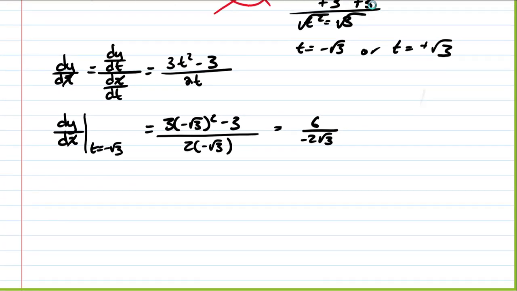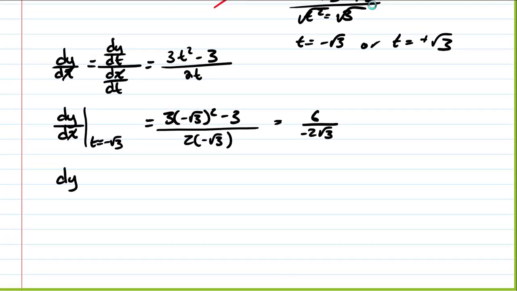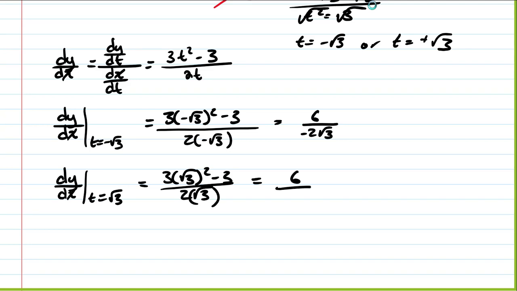So that's going to be the slope of our first one. And then we're going to get pretty much the same thing, but with the opposite sign. When we do our other one, it's 3 times square root of 3 squared minus 3 all over 2 times the square root of 3. This time we get 6 over 2 square roots of 3. So this one is negative 3 over the square root of 3, or negative 3 root 3 over 3. And then our 3's reduce out, so negative square root of 3.